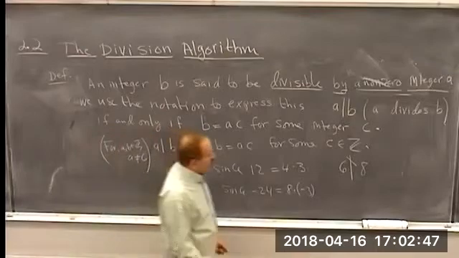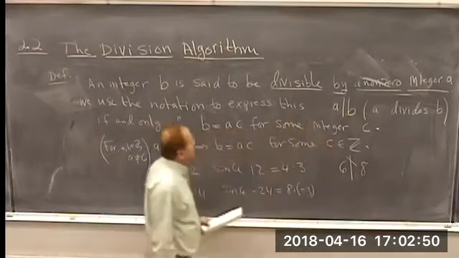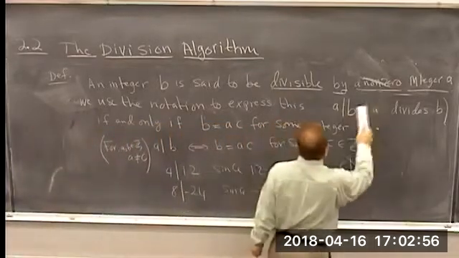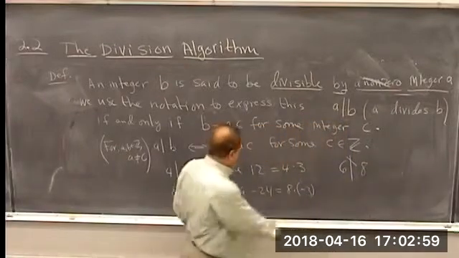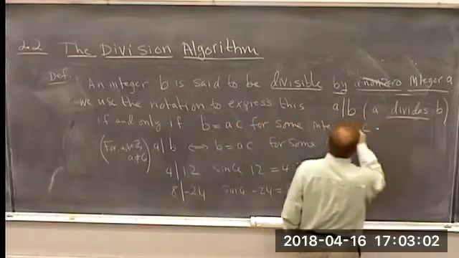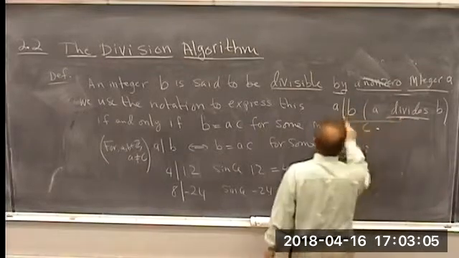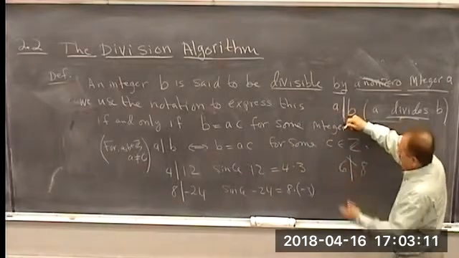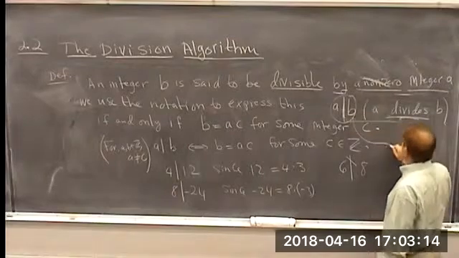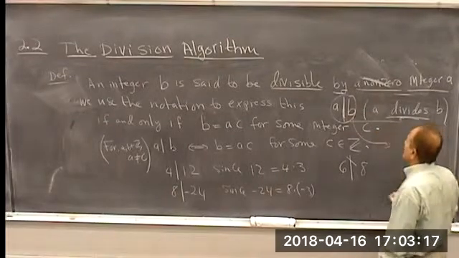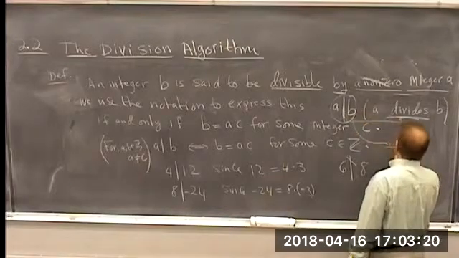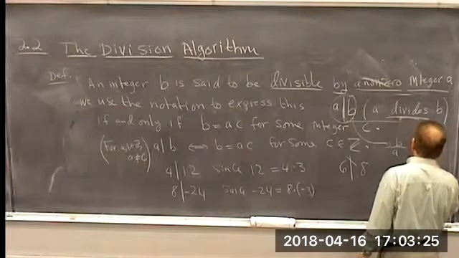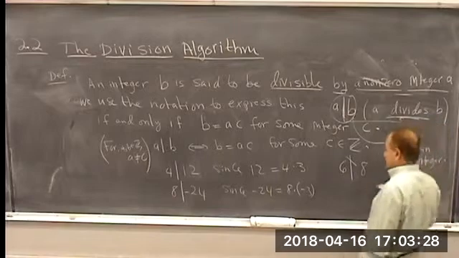In fact, there are several ways we can express this relationship between two integers. One of them is called divisible. Divides is another term we use quite a bit. A vertical bar B means B over A is an integer. It's not a slash with an angle. Or sometimes we say that it divides evenly.